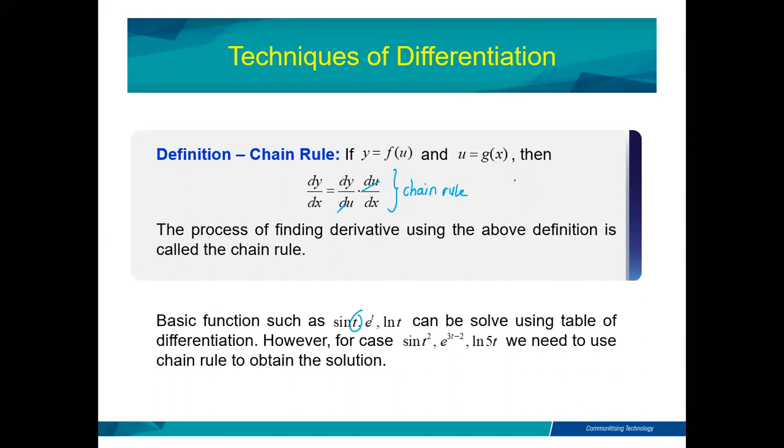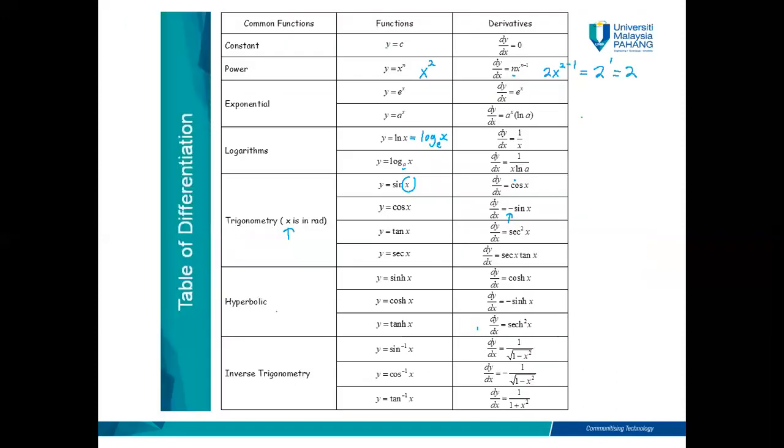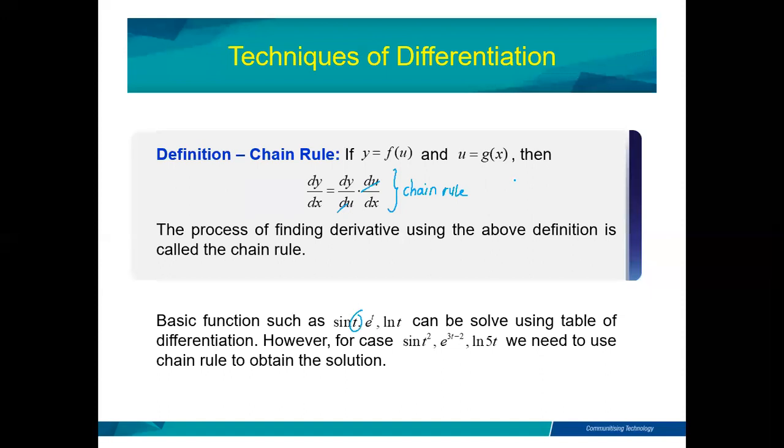Exponent is easiest. For ln t, it is 1 over t.